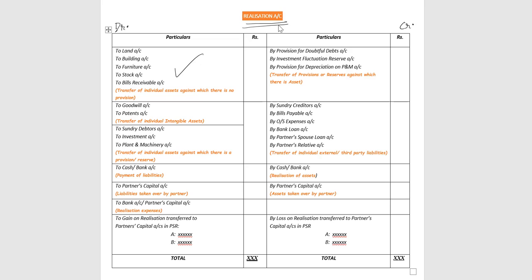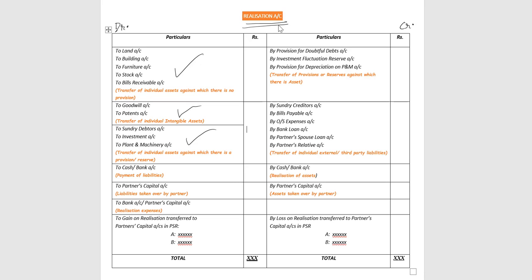Examples could be land, building, furniture, stock, bills receivable, etc. Transfer of individual intangible assets such as goodwill, patents, and also transfer of individual assets against which there is a provision or reserve. Examples: sundry debtors, investment, plant and machinery account.